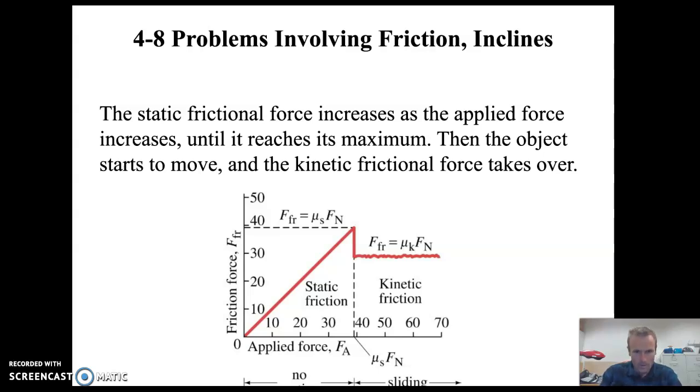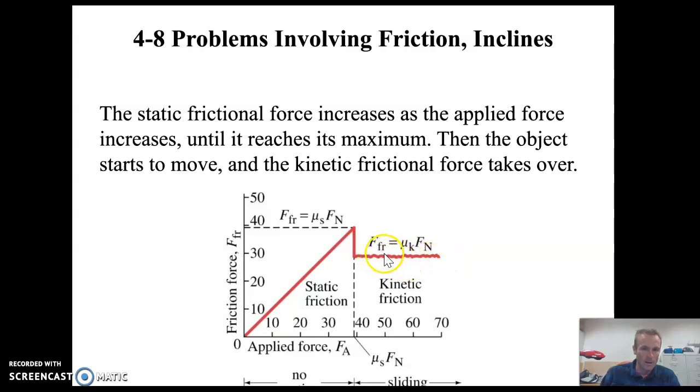As I begin applying a force, increasing all the way to just below 40 newtons, we see the static friction force responding in a linear fashion. It's going to stay there until you push hard enough to get the thing to slide. When you hit that point, friction drops off significantly, and we switch over to using kinetic friction.